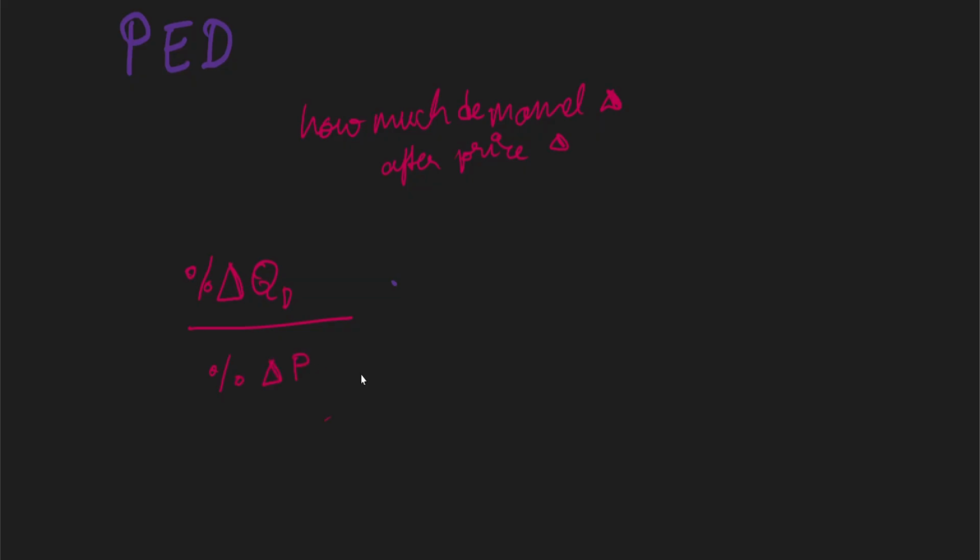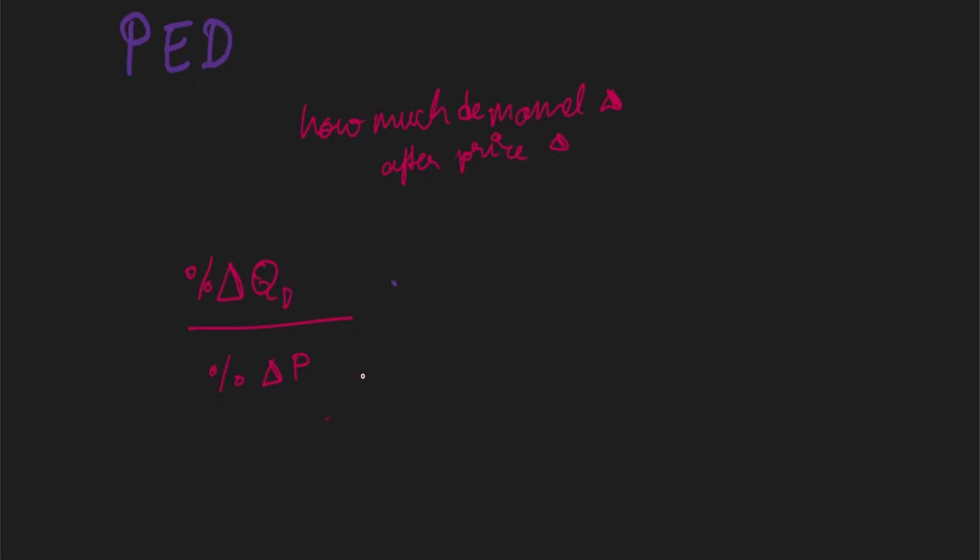Price elasticity of demand is calculated using the formula percentage change in quantity demanded, where delta represents change and QD is quantity demanded, divided by your percentage change in price.